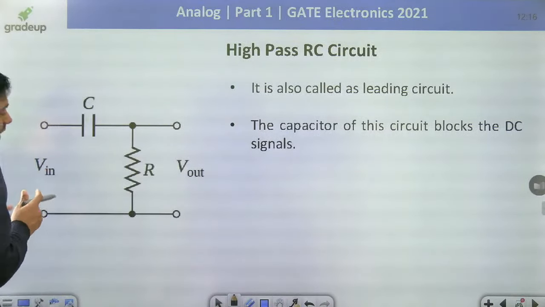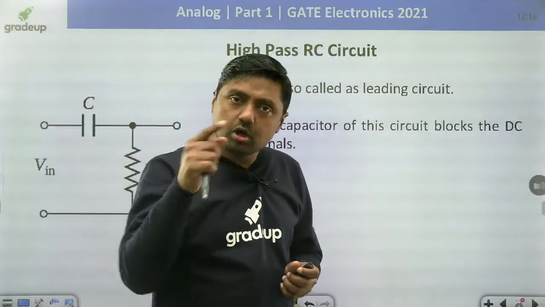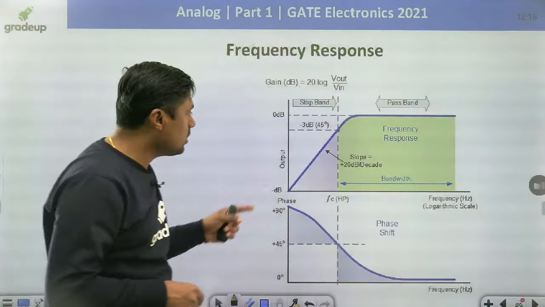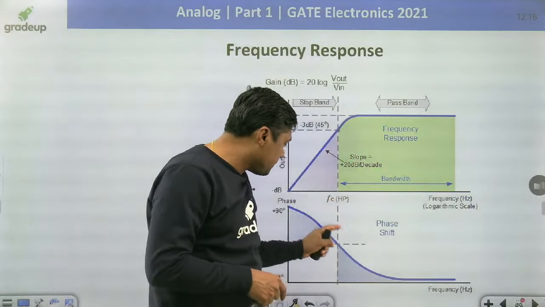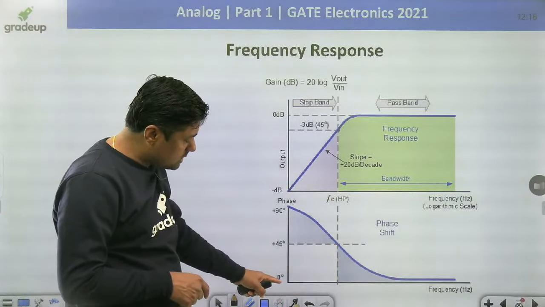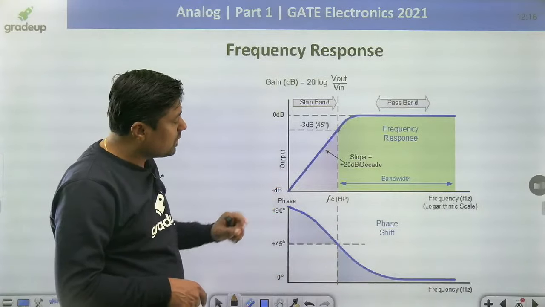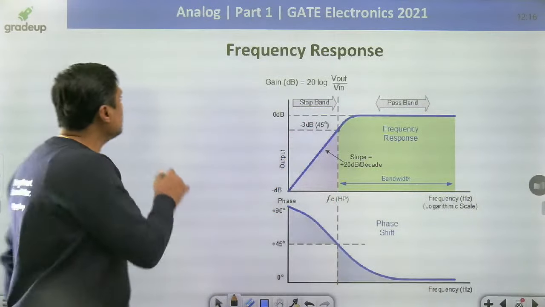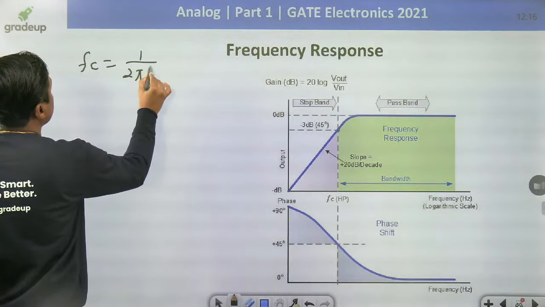Second thing, if we are talking about the frequency response curve, this is the curve for high frequency response, and this is the phase shift. Exactly at 0 hertz frequency, the phase shift is 90 degree, gain is 0. At cutoff frequency, FC is given by 1 by 2 pi RC.